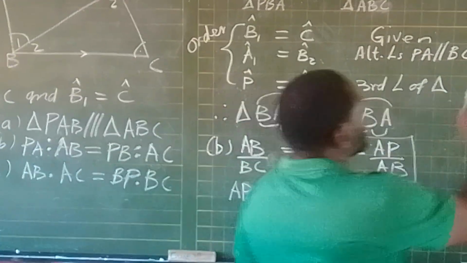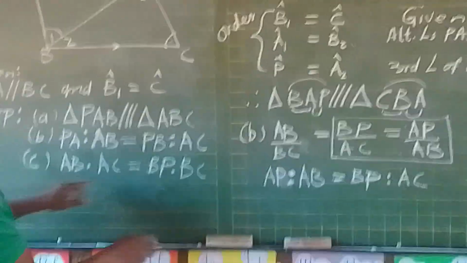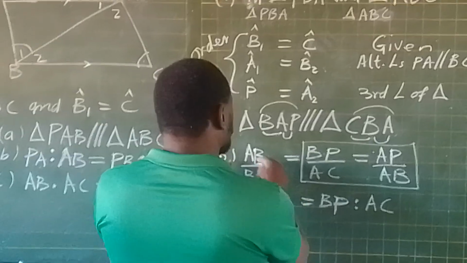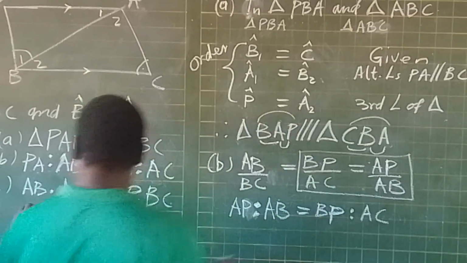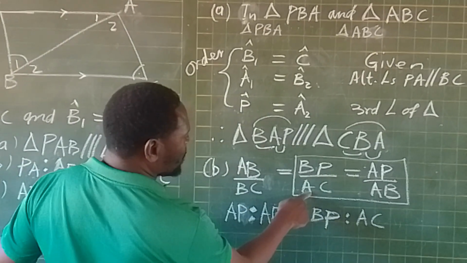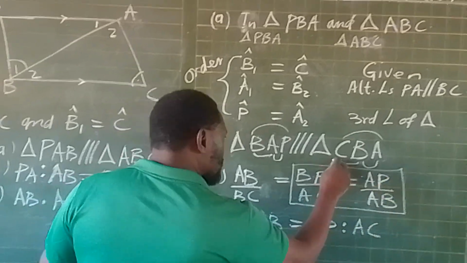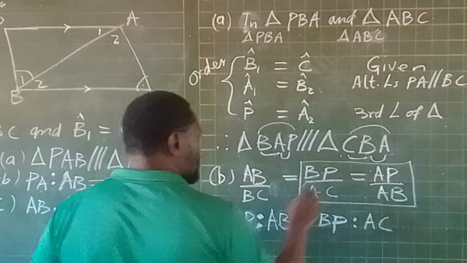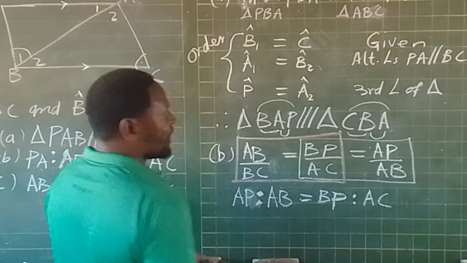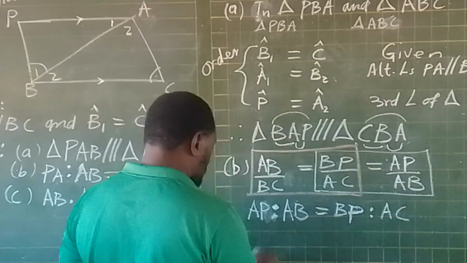You go for C. C wants you to take AB. You are not going to work it out now, you are taking it from here. You say it is involving AB multiplied by AC, and BP multiplied by BC. So this is what you are taking now. The first one we took this, the second one we're taking this.